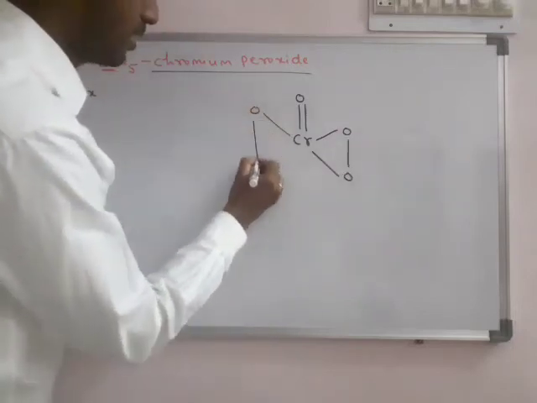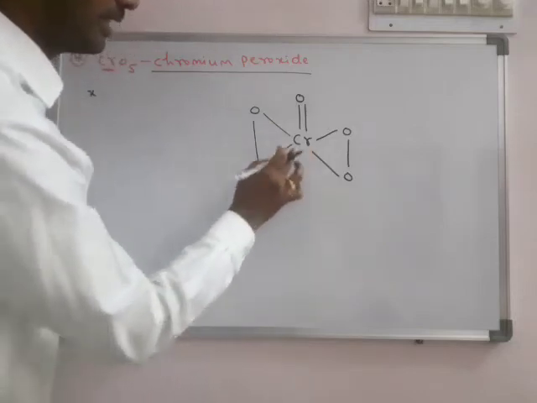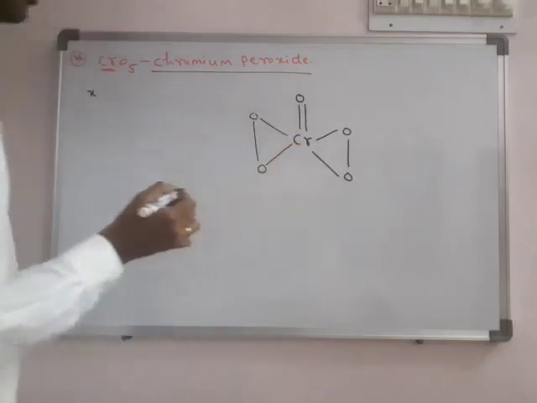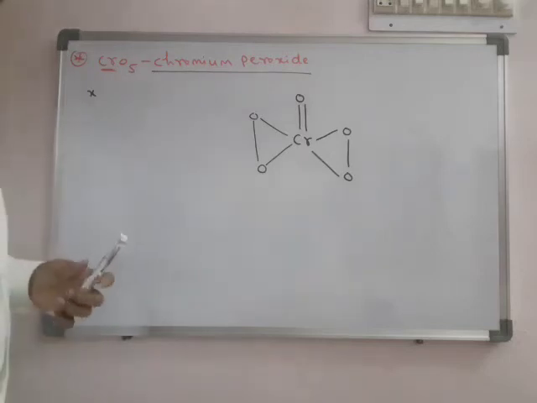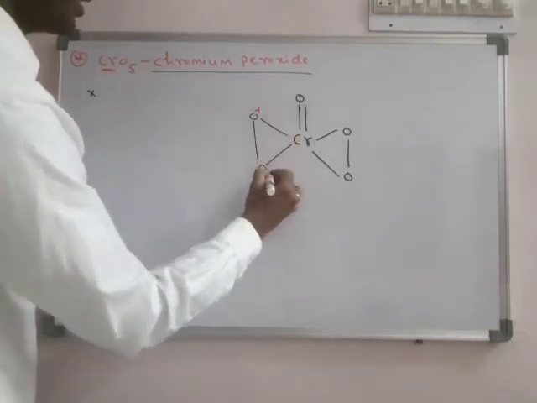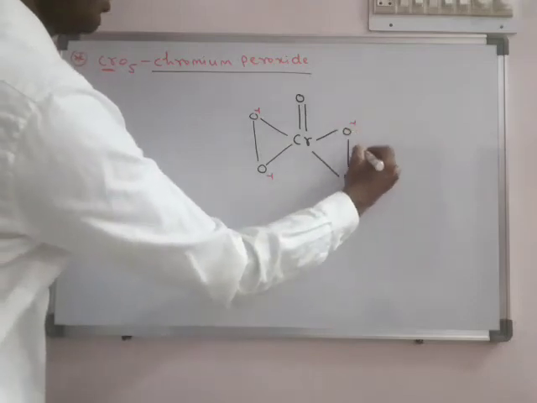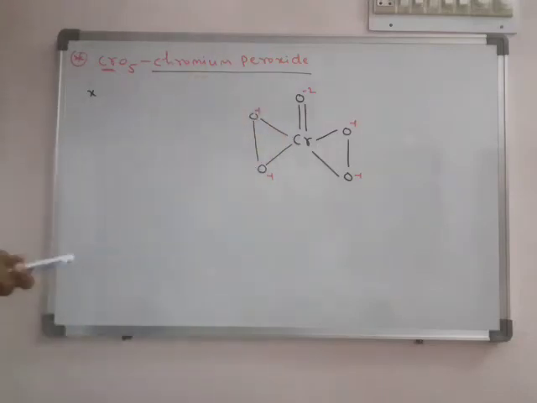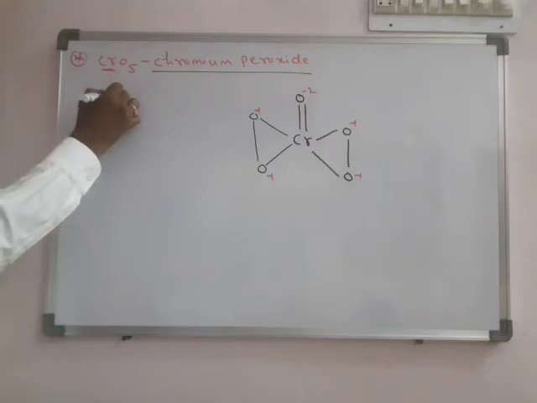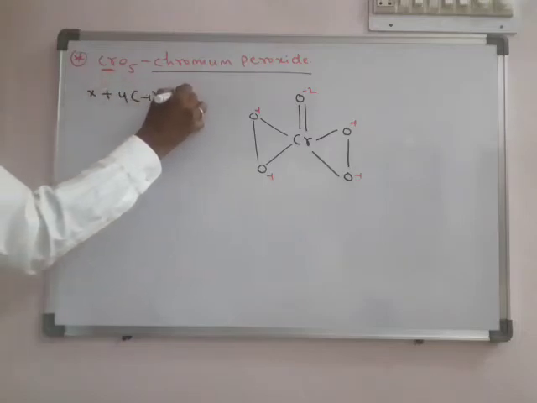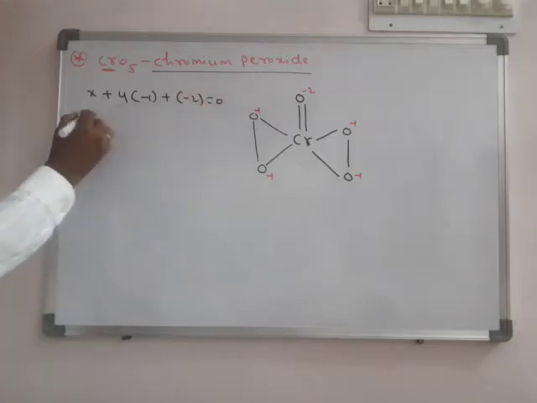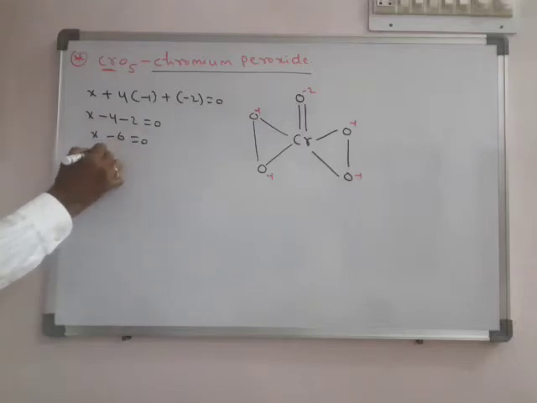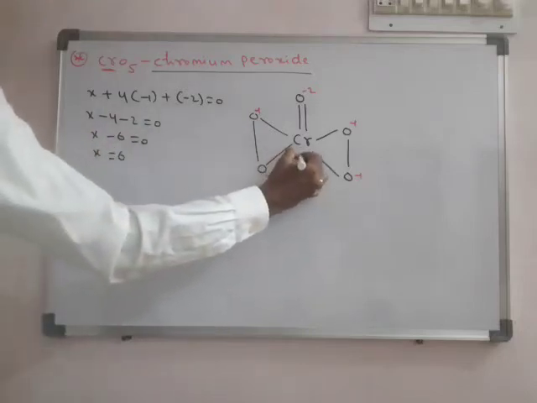In the examples we have seen so far there was only 1 peroxy bond, but in this example there are 2 peroxy bonds, like a butterfly structure. With 2 peroxy bonds, each of those 4 oxygens is -1, and the one normal oxide oxygen is -2. Means the chromium oxidation number is +6.